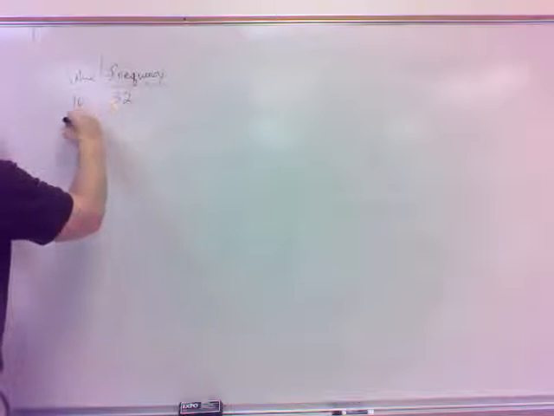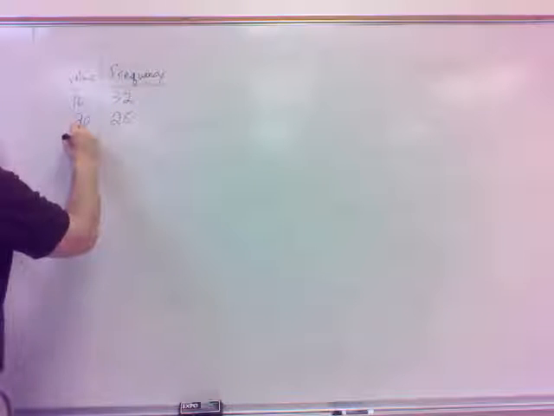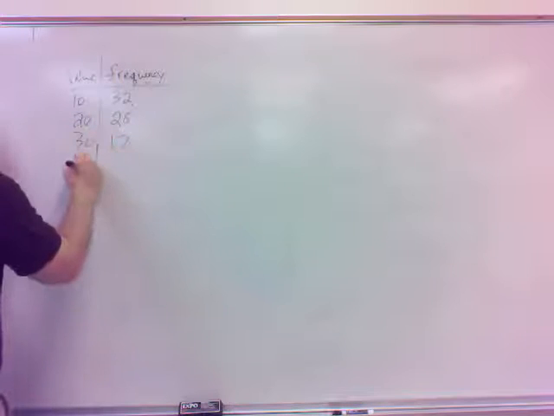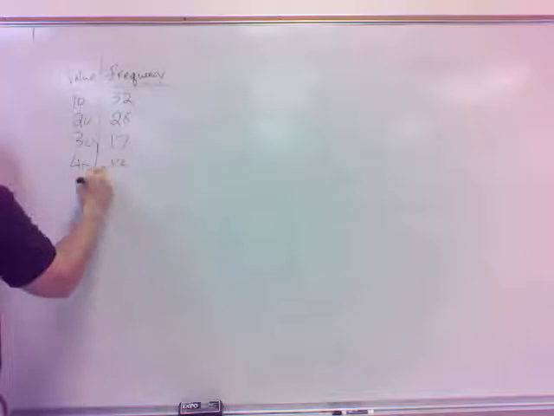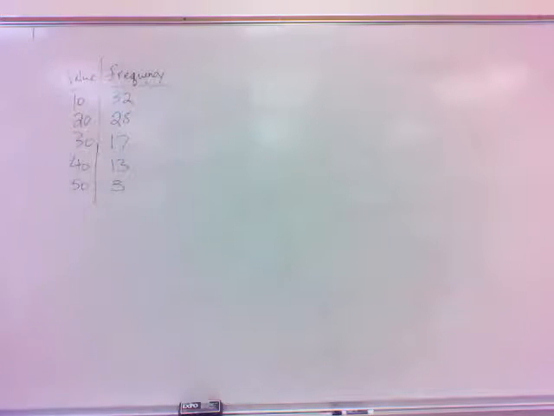Value 20 has frequency 28. Value 30 has frequency 17. Value 40 has frequency 13. And value 50, frequency 3. Okay? All right, so let's do our mean, median, and mode for those.